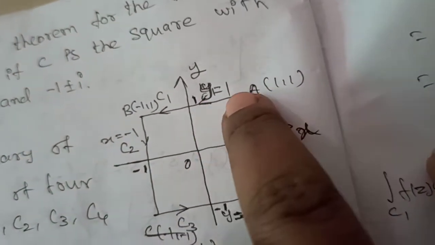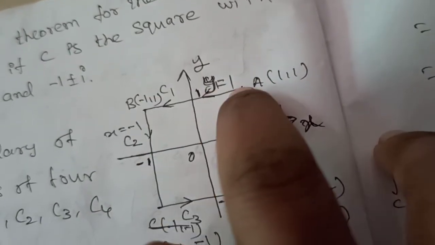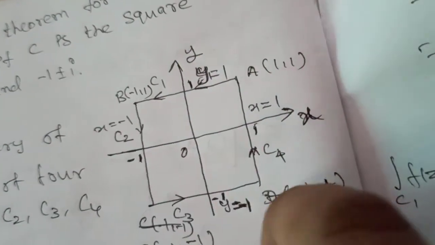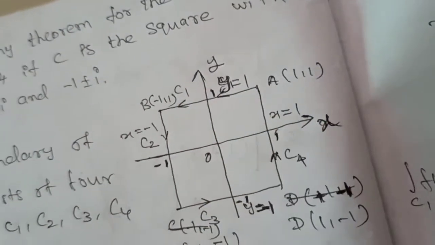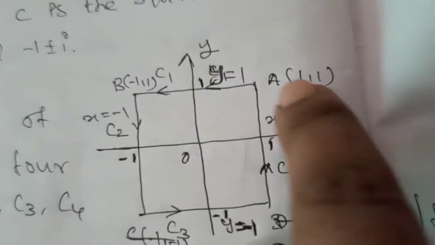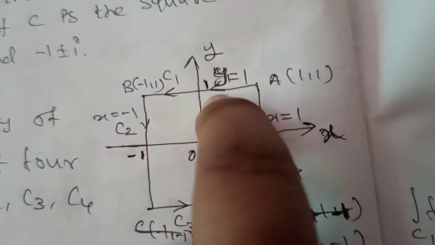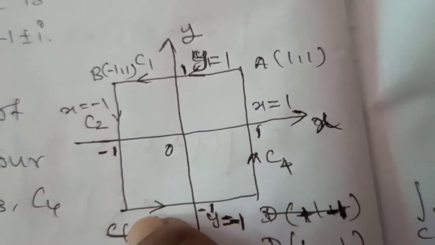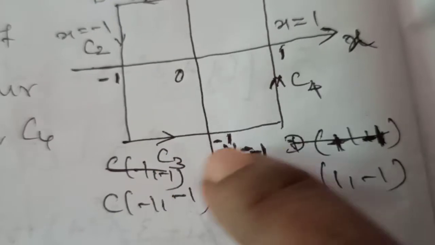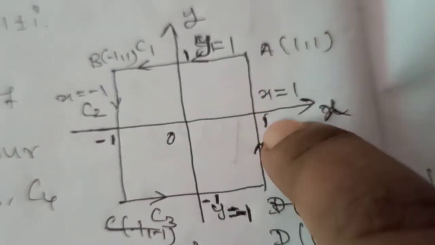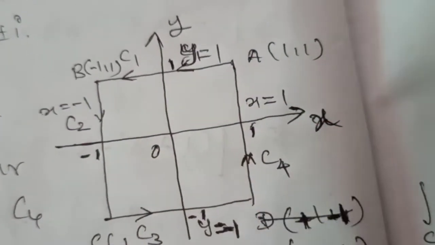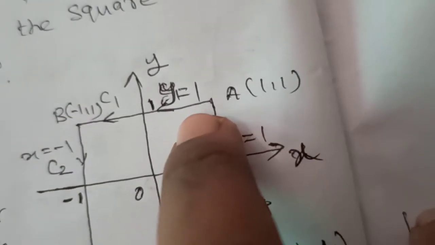Connect all the points and you get the square curve. Next, take AB as curve C1, BC as curve C2, CD as curve C3, and DA as curve C4. The arrow mark is very important.